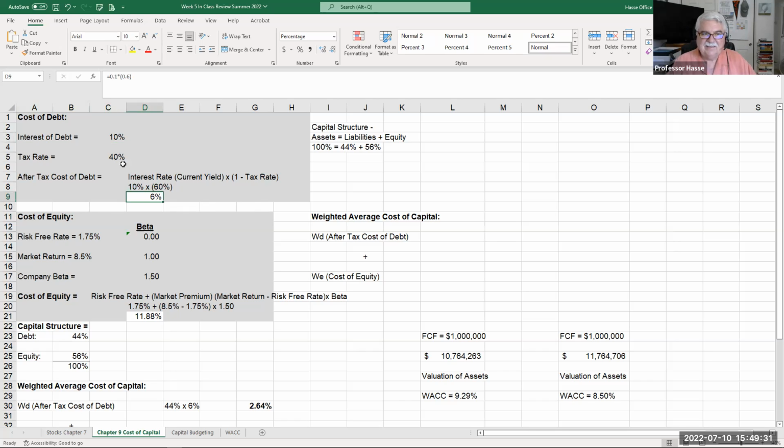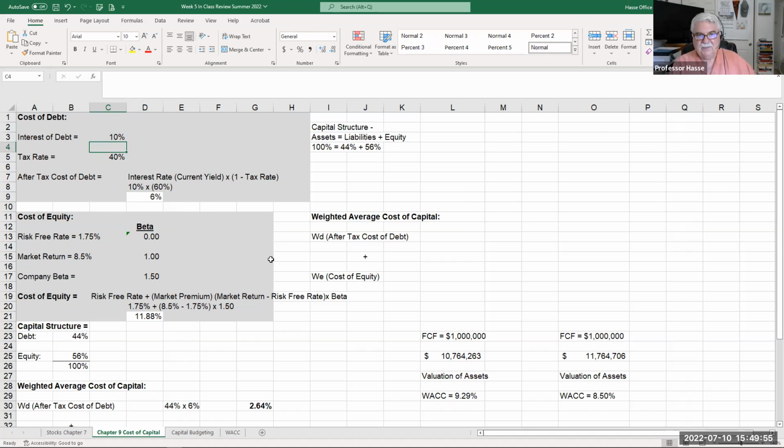Why? I get to deduct 40% of the 10% as a tax deduction, corporate tax deduction, interest. So yes, I'm paying 10% out to the people who lent me the money, but I get to deduct part of that on my taxes. So my true after-tax cost of debt is 6%.